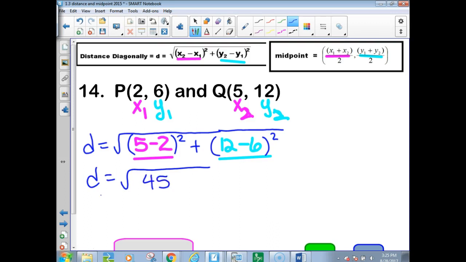Now, if you take the square root of 45, you may remember doing this in Algebra 1, breaking apart a 45 into a perfect square times a non-perfect square, and then simplifying it by doing the square root of the 9, which is 3, and the square root of 5, you'd leave under the radical because it's not a perfect square.